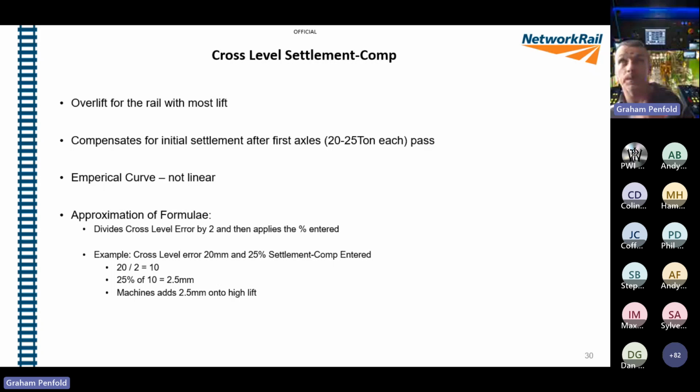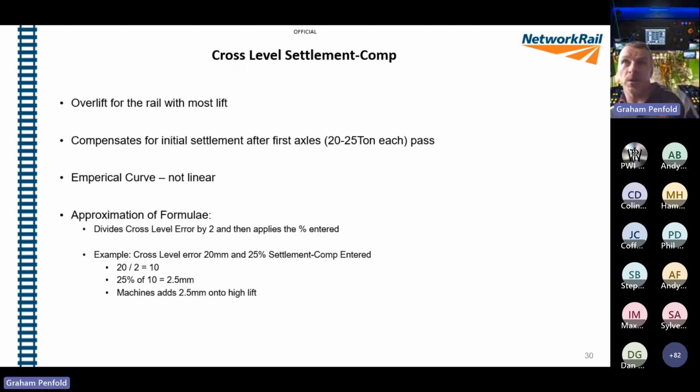For that reason, because you've got significantly more lift on your higher rail, it goes to reason that we will settle more. So this is designed to compensate for the initial settlement under the 20 to 25 ton axle loads on the machines, depending on which machine it is.